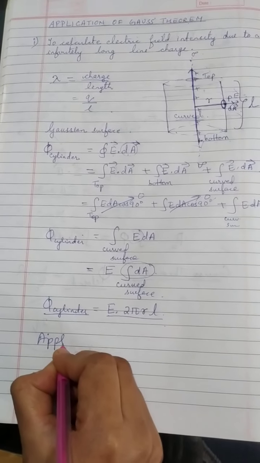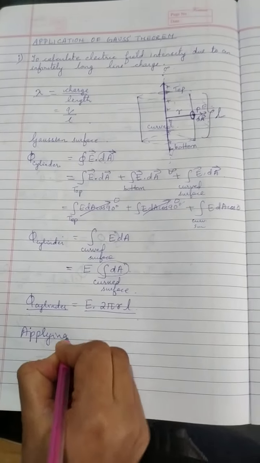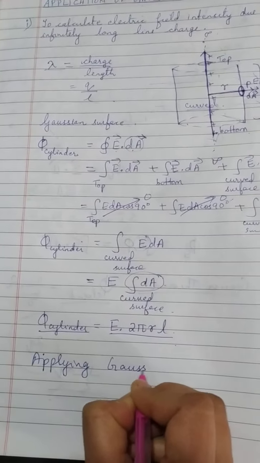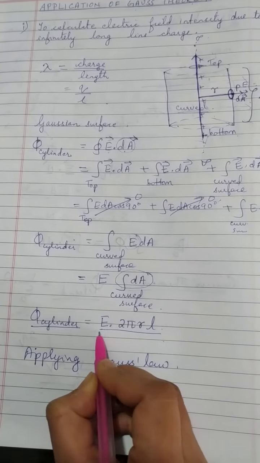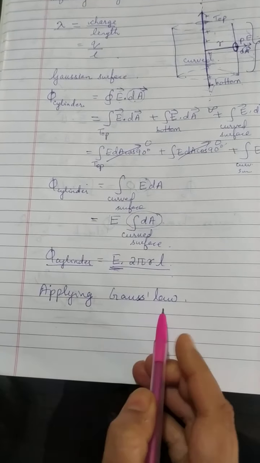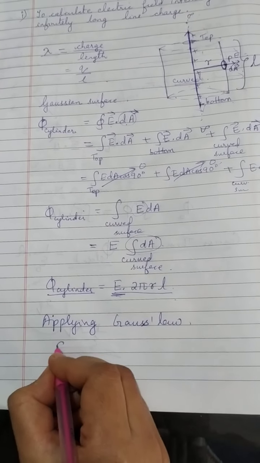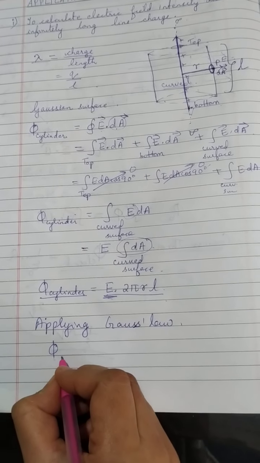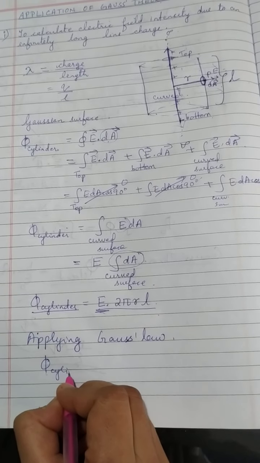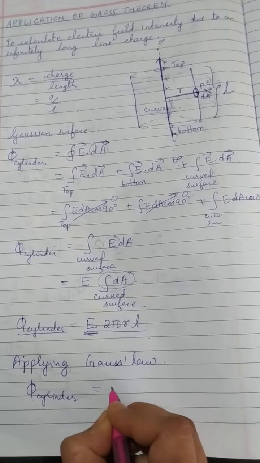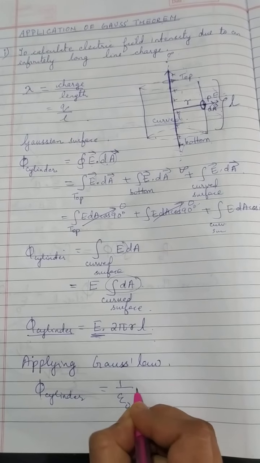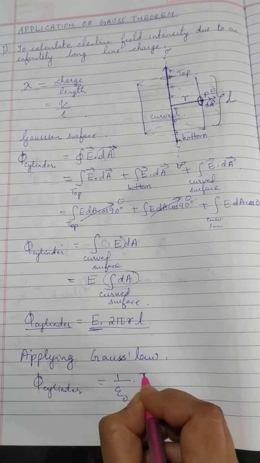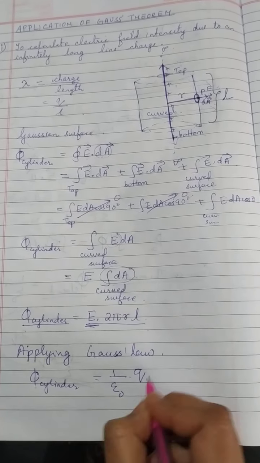Now we will apply Gauss law to calculate this electric field intensity which we just calculated. You know, Gauss law states that the total electric flux over a closed surface, in our case the cylinder, is equal to 1 by epsilon naught times the total charge enclosed by the surface.